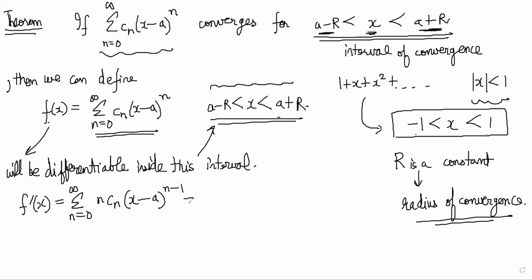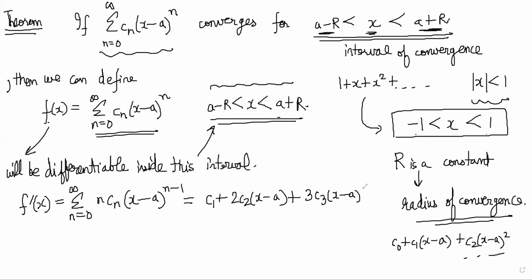The basic power series was C0 plus C1 (x minus a) plus C2 (x minus a) whole square. So upon differentiation, you will get C1 plus 2C2 (x minus a) plus 3C3 (x minus a) whole square, and so on.